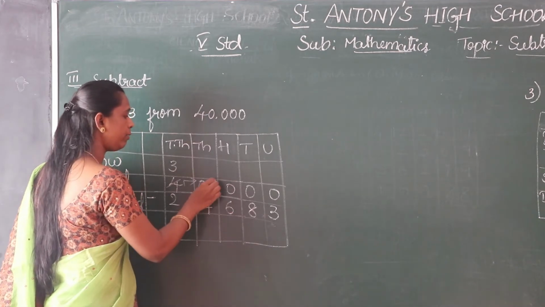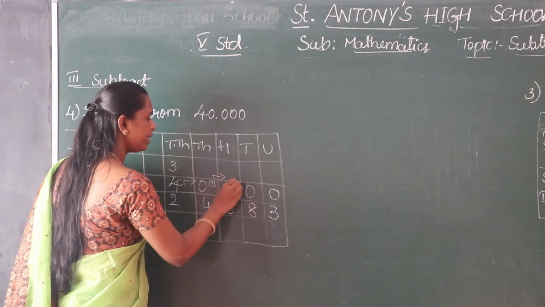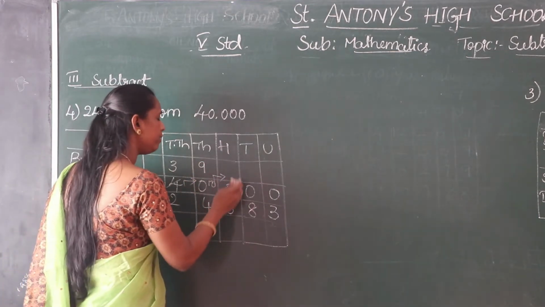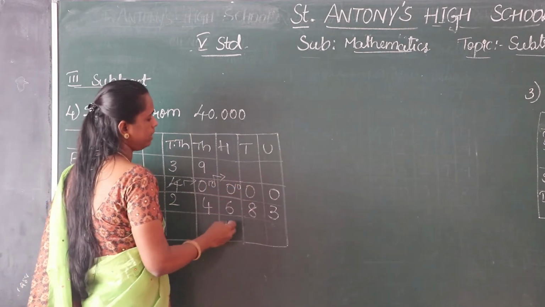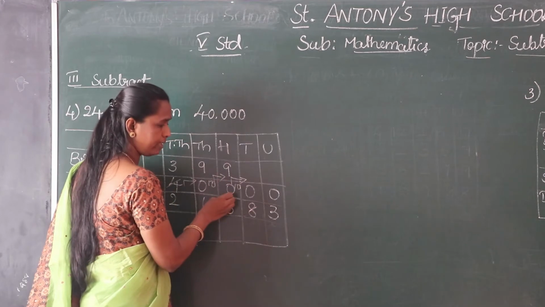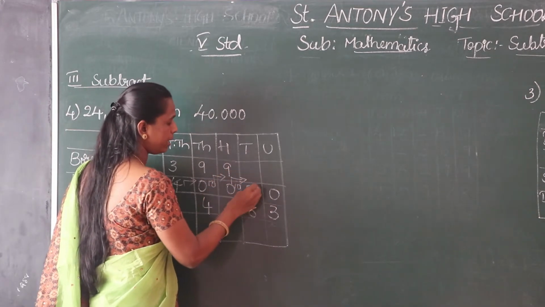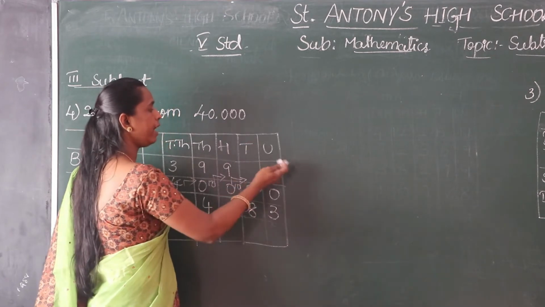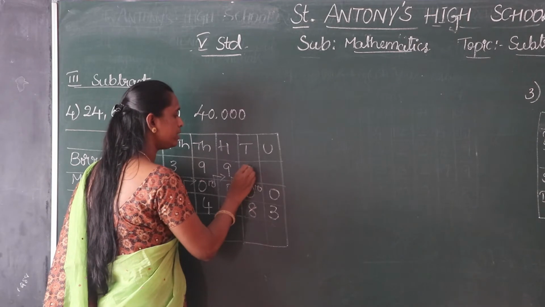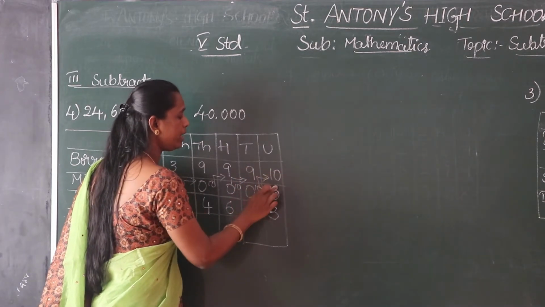When we borrow from thousands to hundreds, it becomes 10, but this becomes 9. Then we borrow to the next place, and this becomes 9, and this becomes 10. Usually we take a borrow to the next unit place. So this 10 becomes 9, and here in the unit place, the borrow becomes 10.